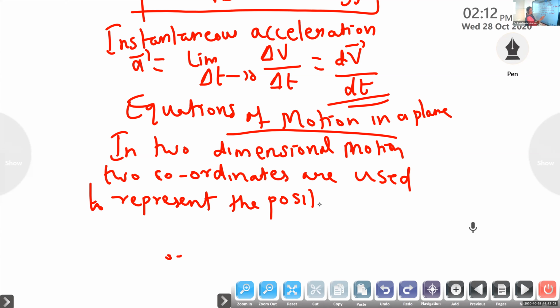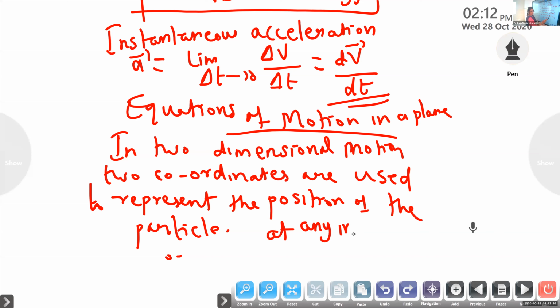The position of the particle at any instant is represented by a position vector, and it is a function of time.